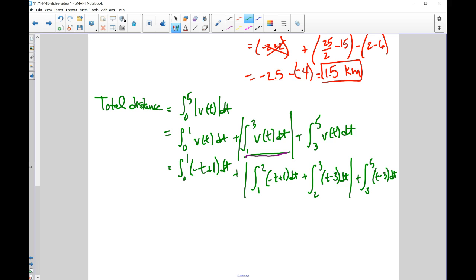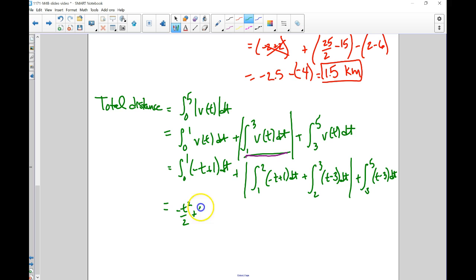Okay. Now going ahead and computing this, we can find the antiderivatives. So this is minus t squared over 2 evaluated, and I forgot the other part. Let's go back and add that.